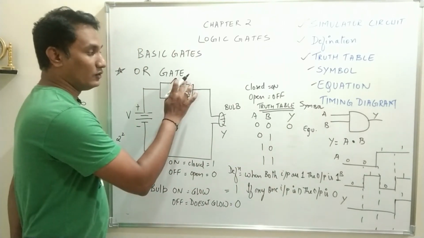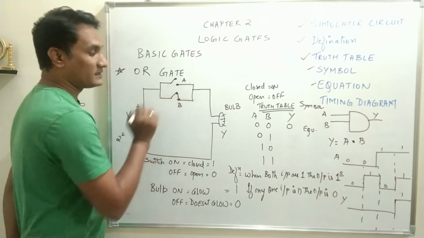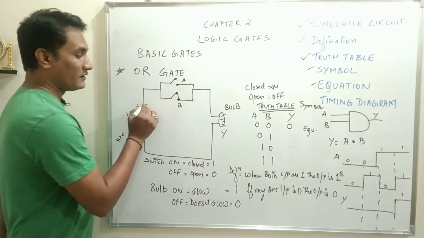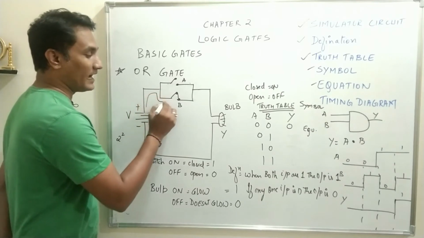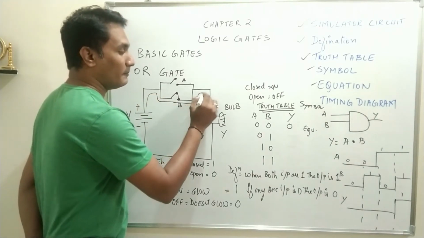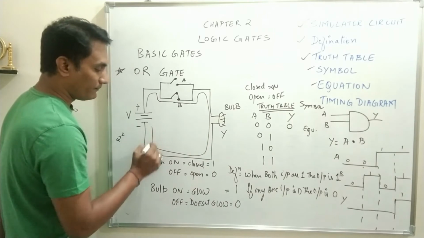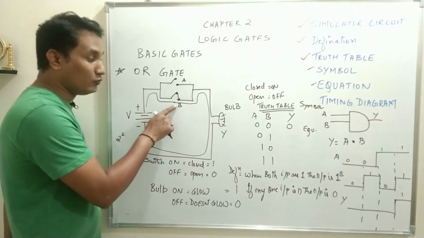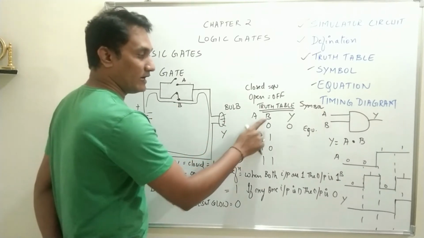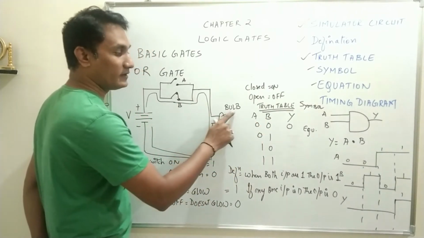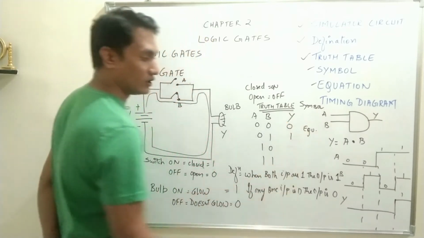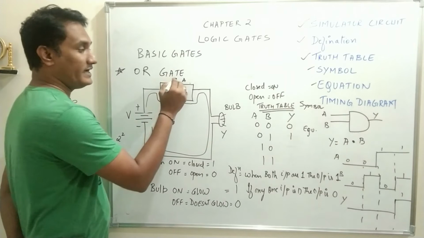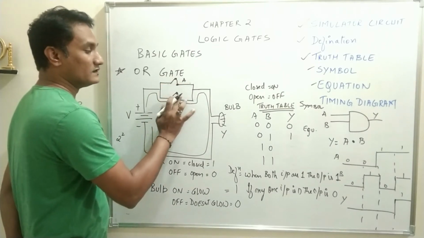Now A is 0 and B is 1, that means the current will have a path to flow through B, through the bulb to the ground. That means the circuit has a complete path through B. So when A is 0 and B is 1, current will flow through the circuit, the bulb glows, output Y will be equal to 1.